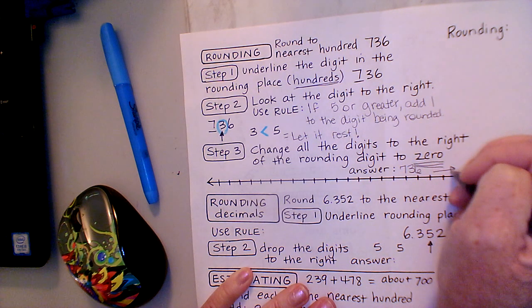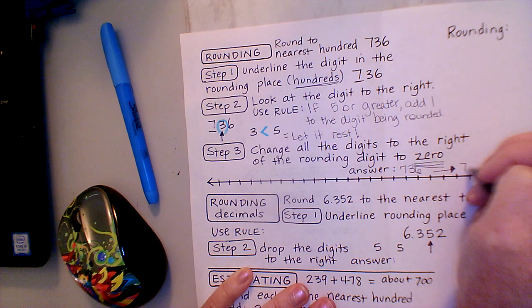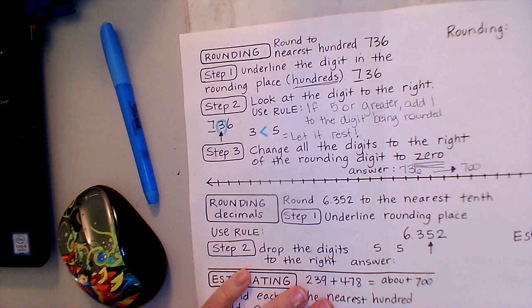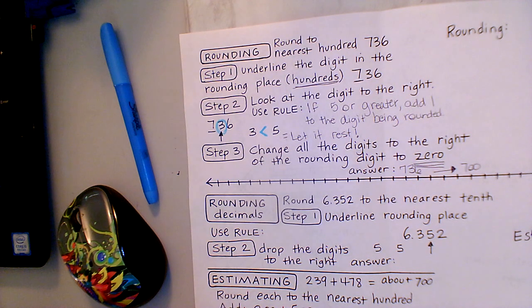We'll round to 700. All of that is a review from last week. This week we're going to be looking at decimals. Okay? So we need to learn how to round those decimals just like we did last week in rounding whole numbers.